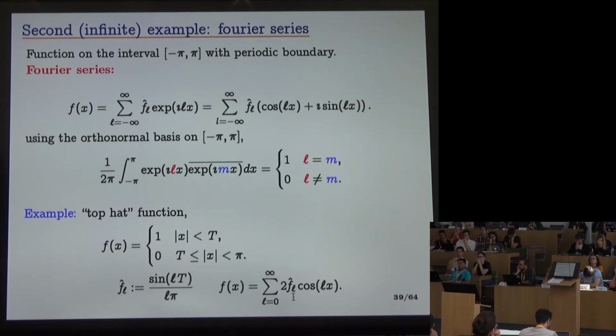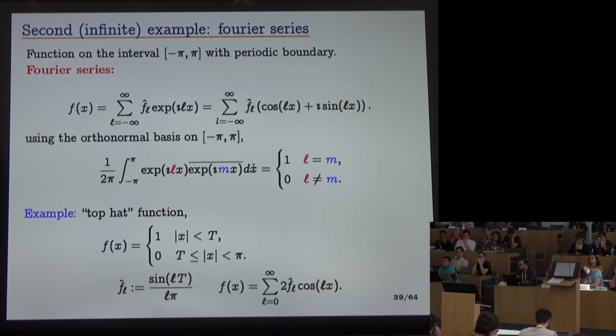What do you notice about this function? Well, it's the sum, not from minus infinity to infinity, but from 0 to infinity, of 2 times these coefficients times cosine. But my sine has disappeared. So why is my sum over half my space and my sine disappeared? Well, these f's are symmetric. The sine is anti-symmetric, so all of the sines cancel.